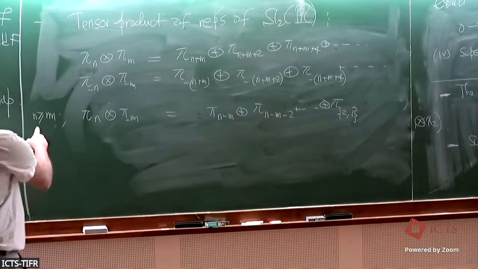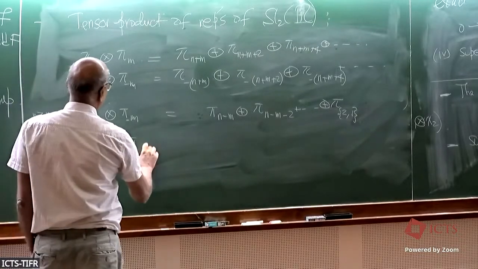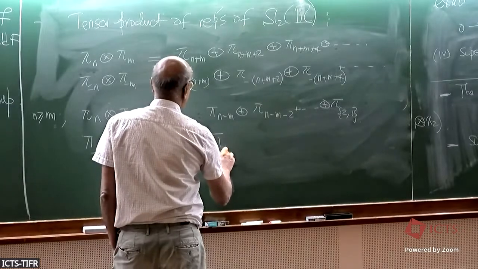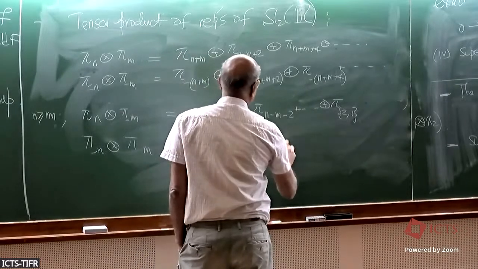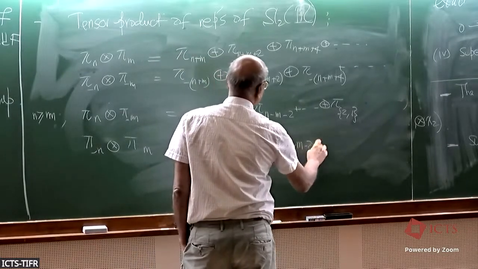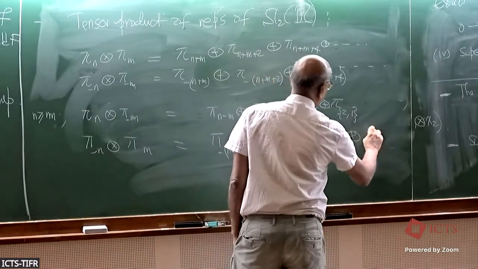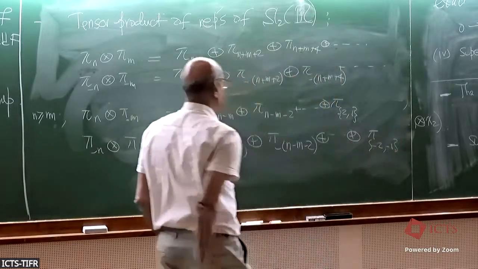And similarly, there is pi_minus n tensor pi_m, which will begin with pi_{n-m}, plus pi_{n-m-2}, and so on, and this will end at pi_minus 2 or minus 1, depending on the parity.